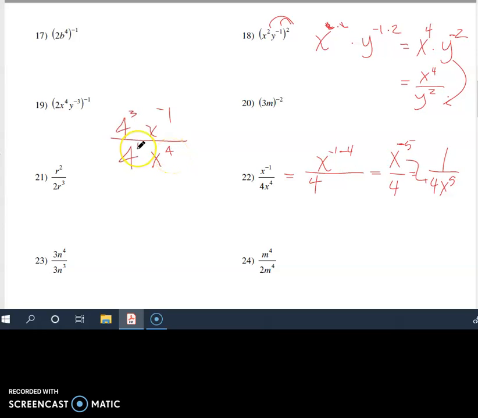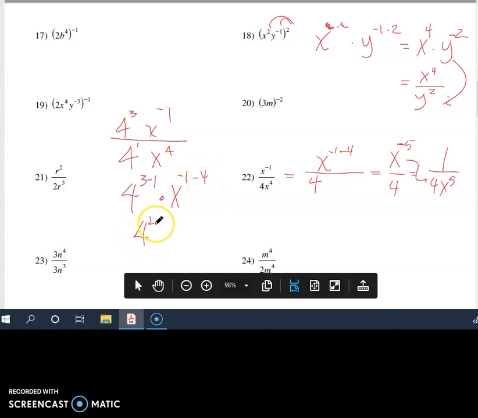Since the exponent on the 4 in the denominator is a 1, it becomes 4 to the 3 minus 1 times x to the -1 minus 4. So the 4's exponent would be 2, and the exponent on the x would still be -5. So the final answer here is the 4 would still stay in the numerator because the exponent is already positive, where the x will go to the denominator because the exponent is negative.